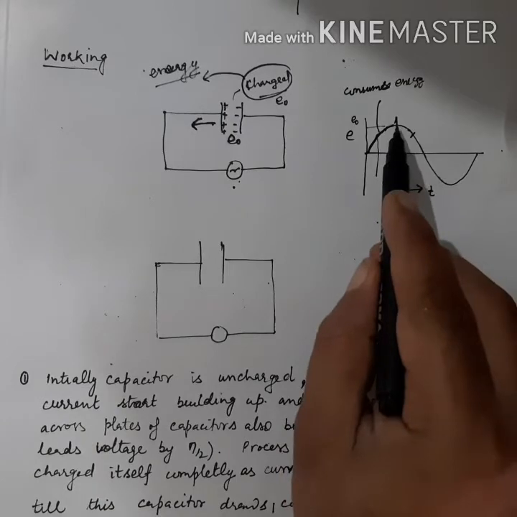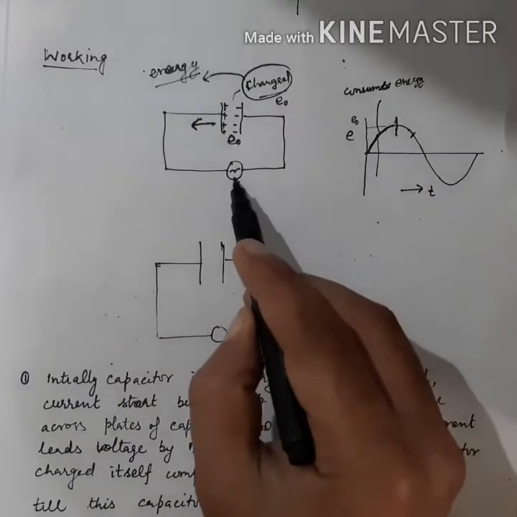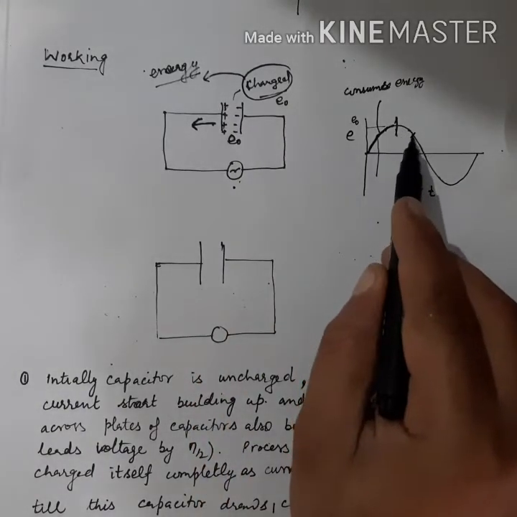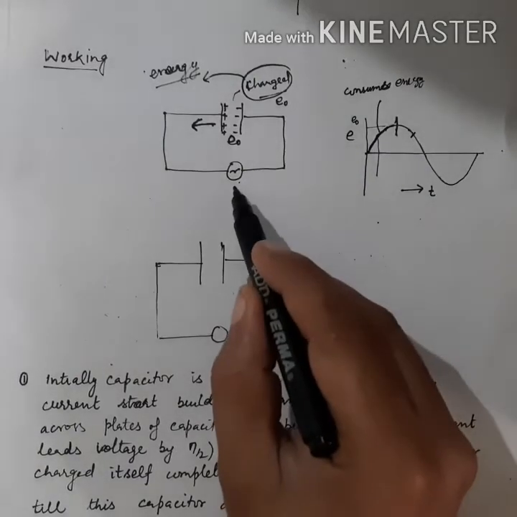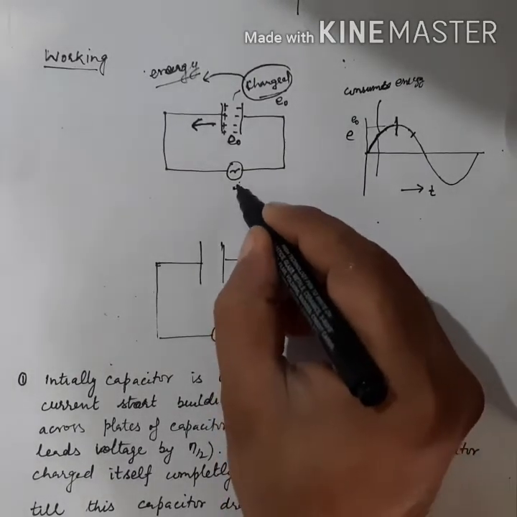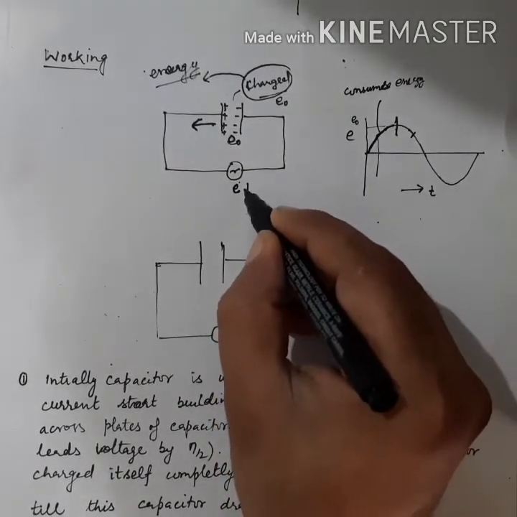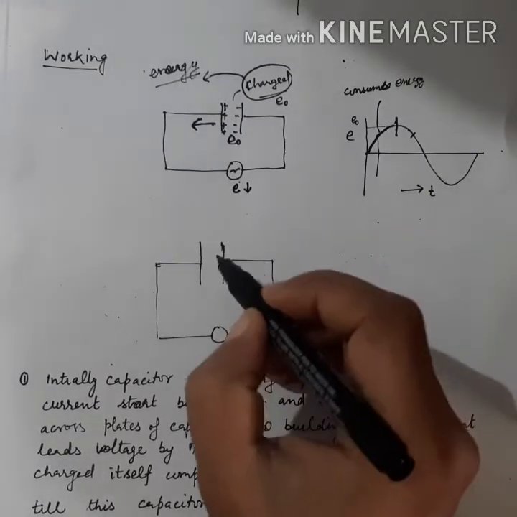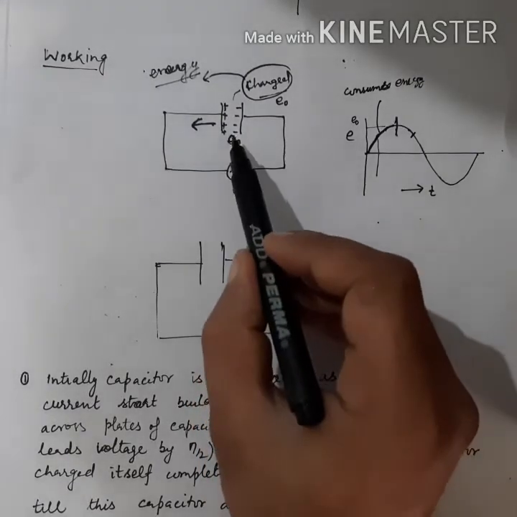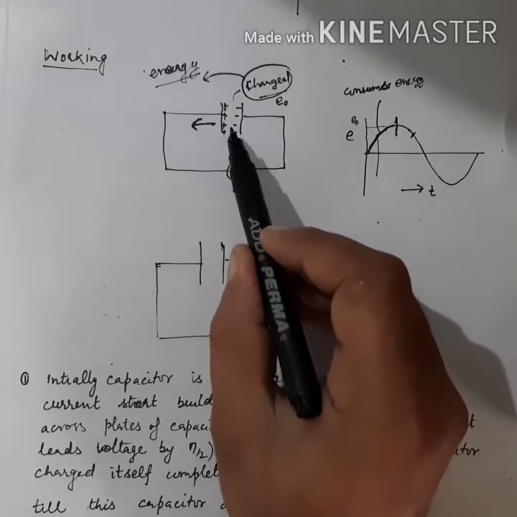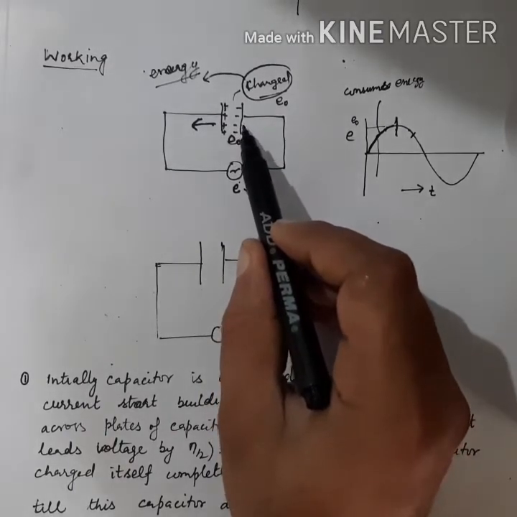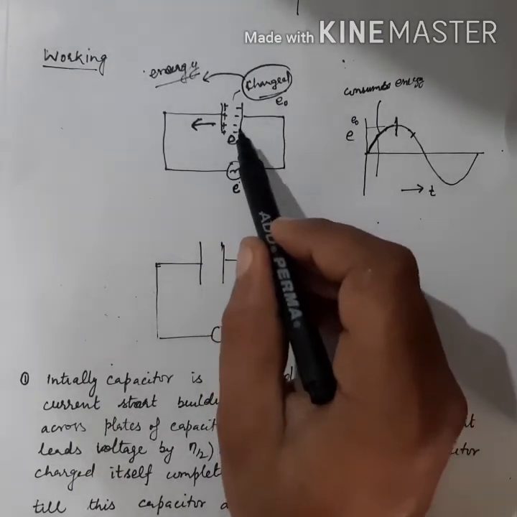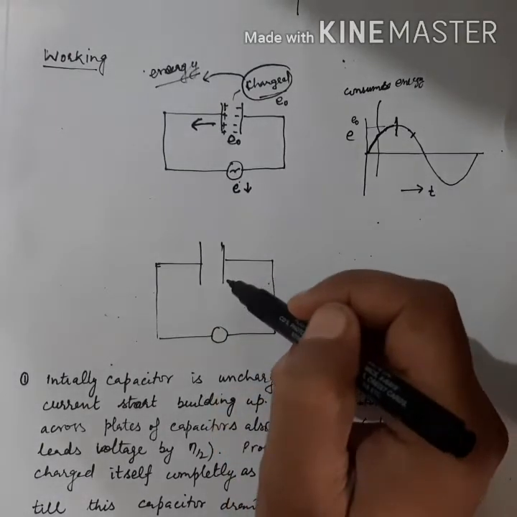As the value of the power supply decreases, the potential of the power supply is less, but because this capacitor has fully charged to E naught, the potential between the plates is E naught.